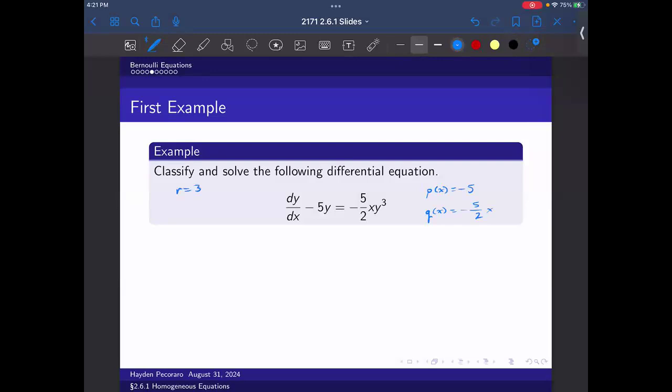I know we could go back and use the formula we just found as a shortcut, but let's go ahead and do it directly so we see how things work. So we want v equals y to the 1 minus r, which is y to the minus 2.